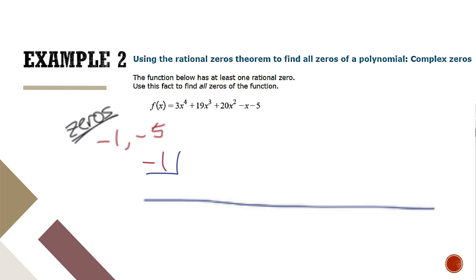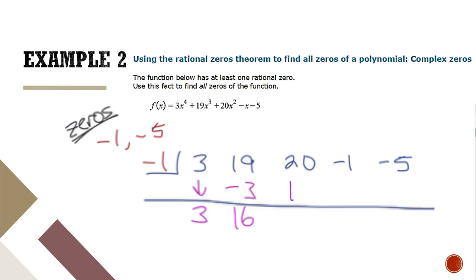It doesn't matter which one we use, but let's plug in the 3, the 19, the 20, the -1, and the -5. Again, if there are any missing x terms, I'd have to put a 0 there. Synthetic division requires that you drop the first number, we multiply to the corner, and then we add down.